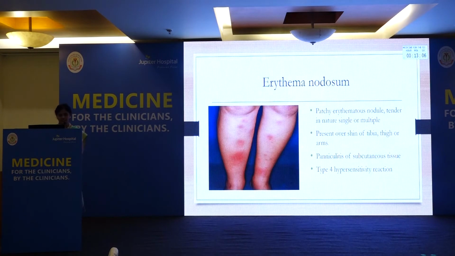Then this is another kind of rash which is called erythema nodosum. If we see, these are patchy erythematous nodules which are tender in nature, which may come as a single nodule or multiple nodules. Usually these nodules are seen over the shin of the tibia but can be seen on the arms as well. This happens because of panniculitis of the subcutaneous tissue and it is supposed to be a type 4 hypersensitivity reaction.